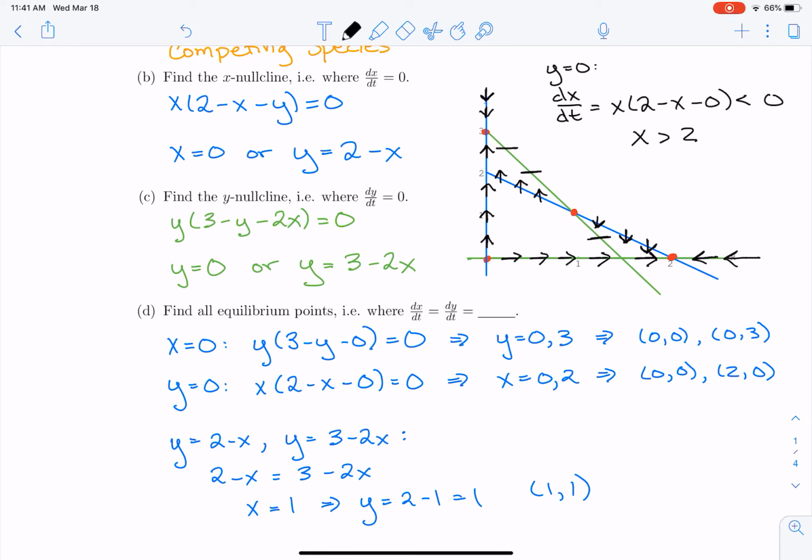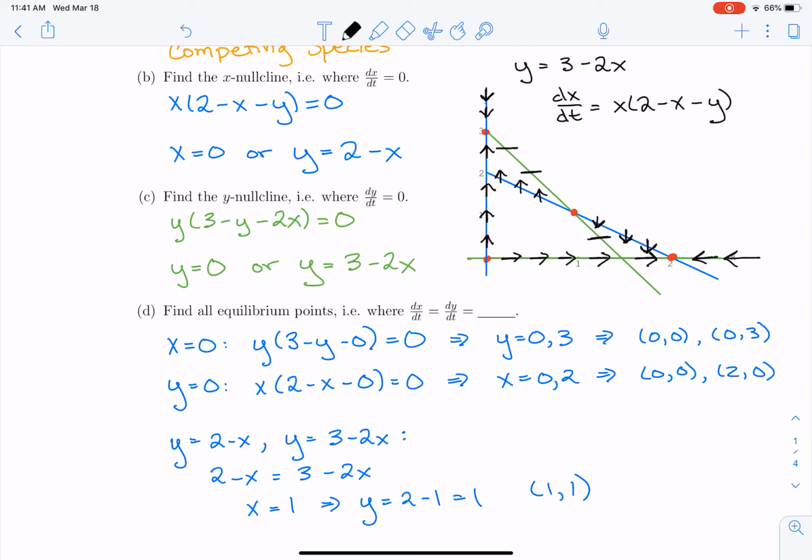So now I just need to fill in the slopes that are along the other y nullcline. That's when y is equal to 3 minus 2 times x, in which case dx/dt is going to be x times (2 minus x minus y). And again, I'm going to choose points that are to the left and to the right of the equilibrium point 1, 1. So we'll start with points that are to the left.